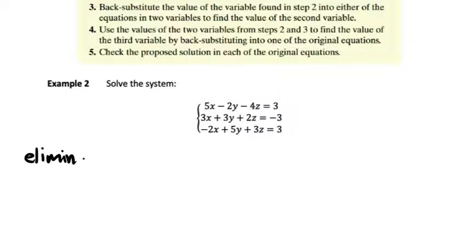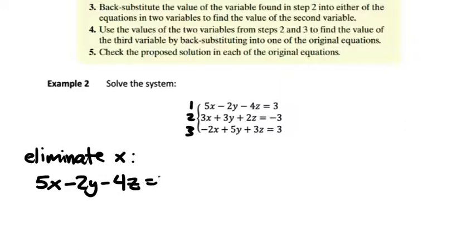Now this is important because once I choose which variable to eliminate, I have to eliminate that same variable in my next pair as well. So we're eliminating x from 1 and 2. So equation 1, I'm going to copy that down here. 5x minus 2y minus 4z equals 3.